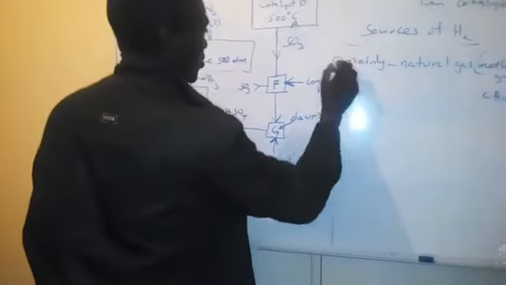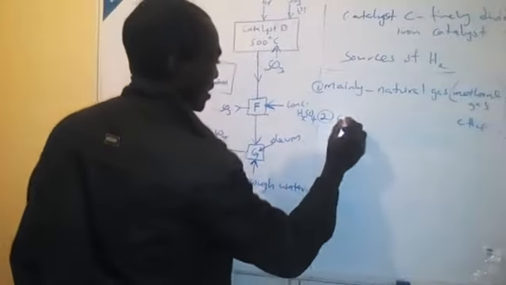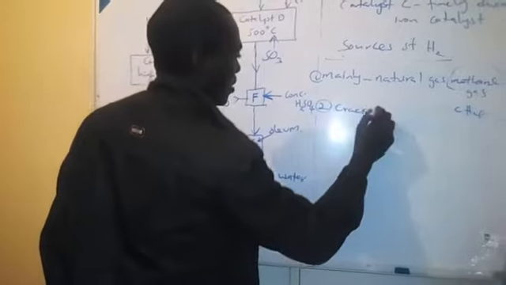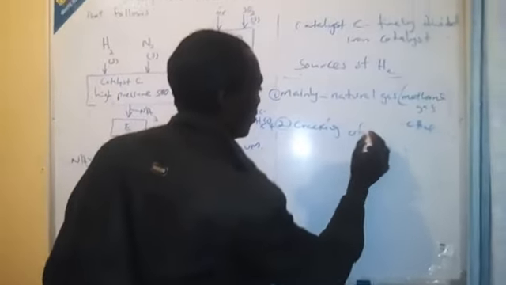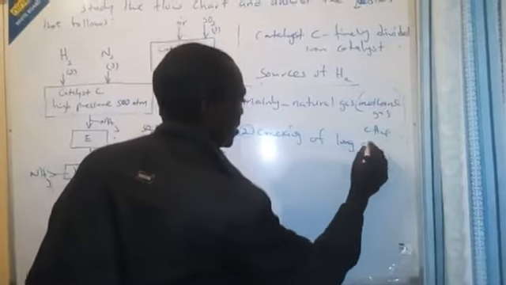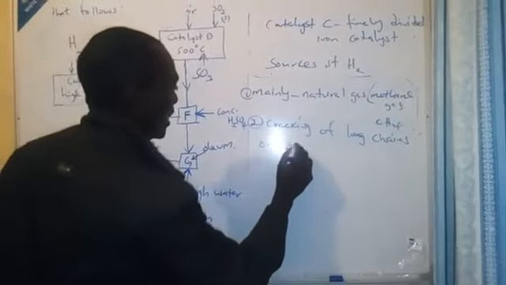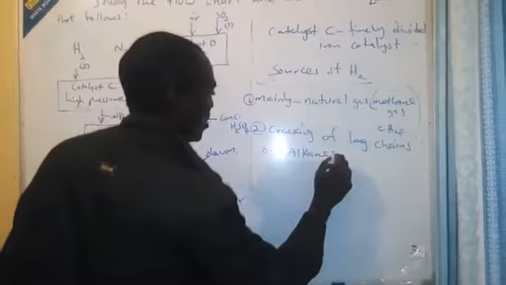The other source for hydrogen gas is cracking of long chains of alkanes. I'll just give an example.